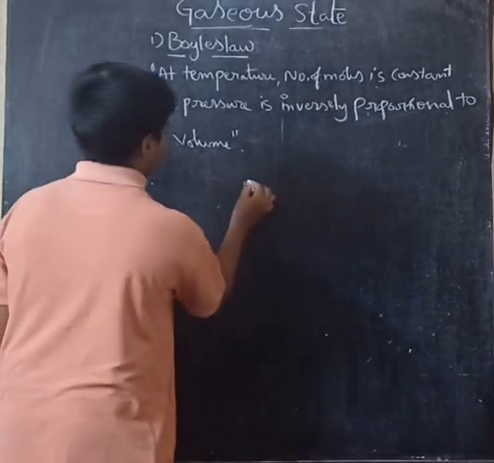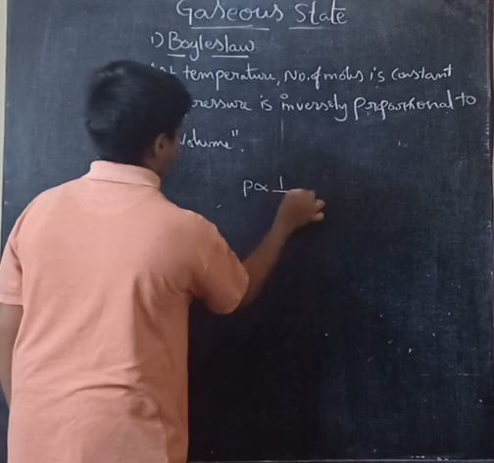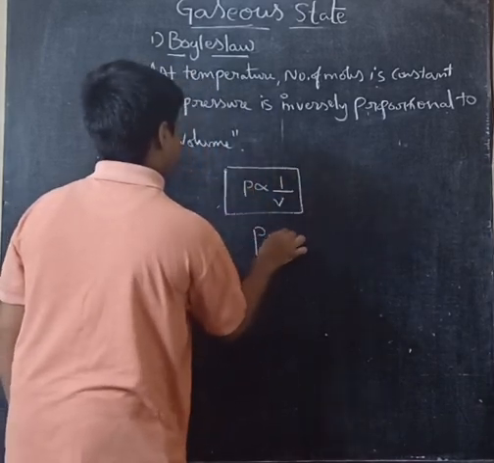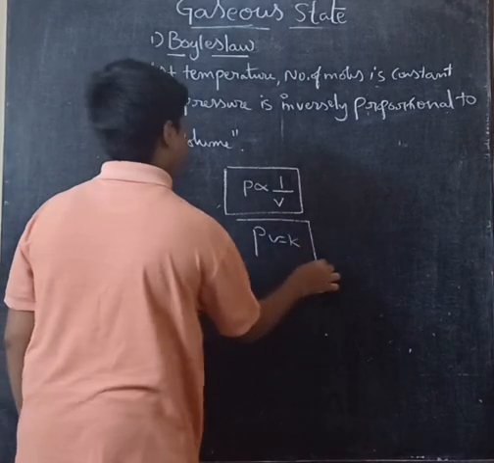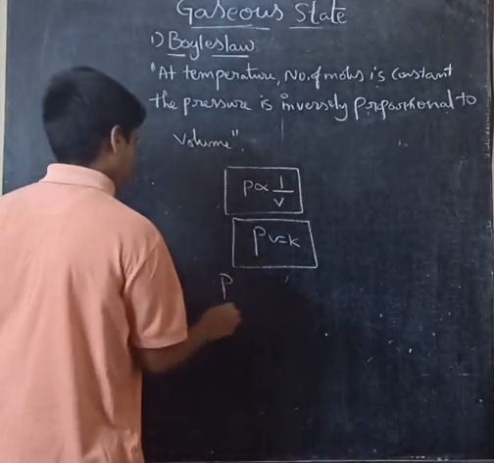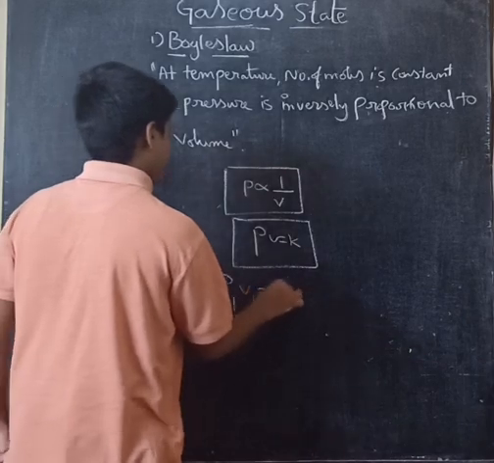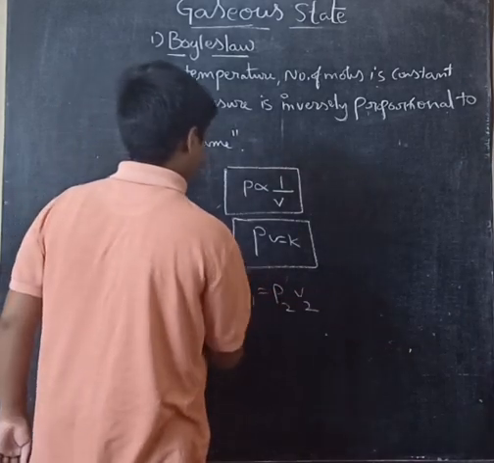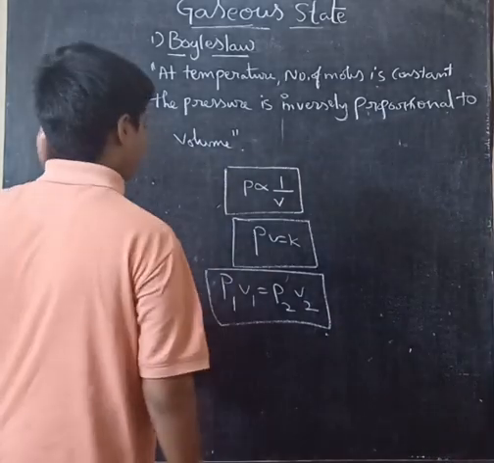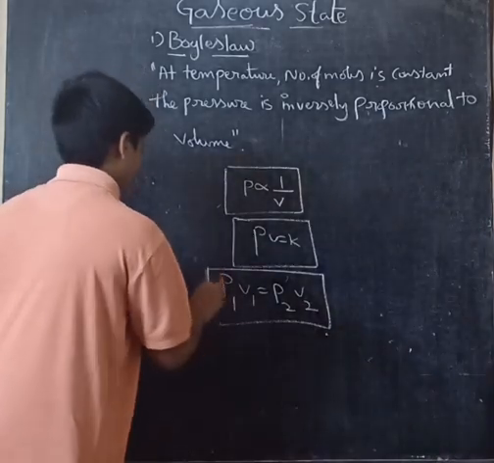Numerically, P is inversely proportional to V, and PV equals some constant. We can write P1 V1 equals P2 V2 as the formula. So this is Boyle's law.